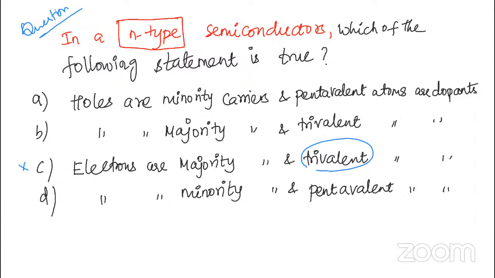Similarly, this one should also be wrong. So now these two are eliminated. Here it should be pentavalent, but it is trivalent. So go to the first option: holes or minority carriers. It is in N type, and here it is pentavalent atoms. In N type there will be five valence electrons, so the condition is satisfied, and holes are the minority, right? So option A is the right one.